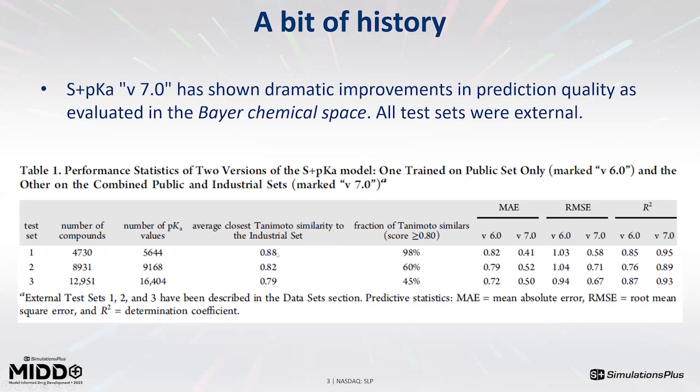Okay. So the first set was most similar. About 98% of compounds had a Tanimoto score above 0.8. And the RMSE for this set dropped from 1 in version 6 to 0.58 in version 7. Similarly, set number 2 was less similar. I think it was the set of strongest acidic and strongest basic pKa.